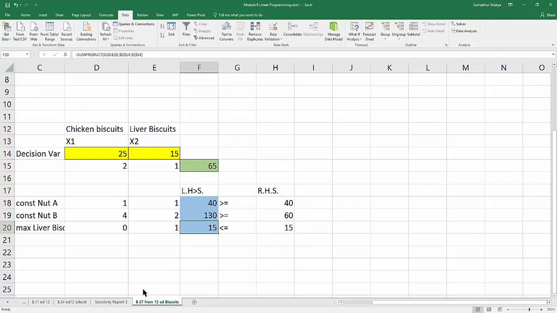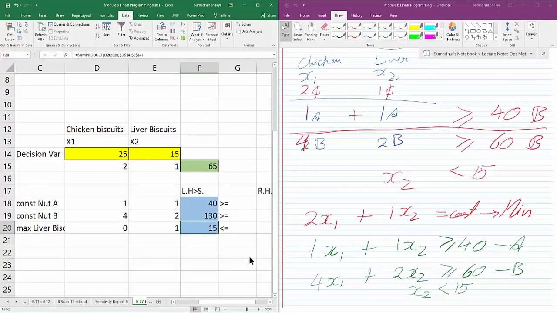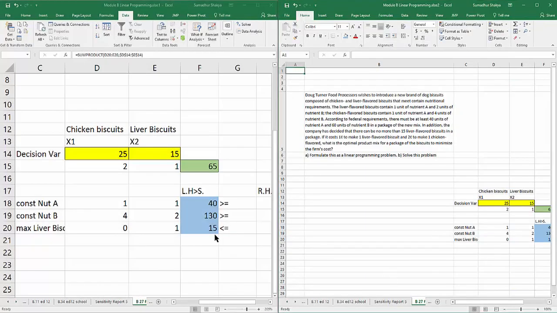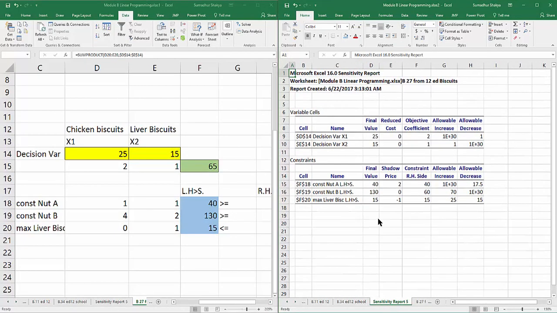Now let's check if that is really the case, such that I want to bring this here, and let's see if we bring the other spreadsheet, such that we can look at this. Okay, so sensitivity report 5. Now let me bring this like that.